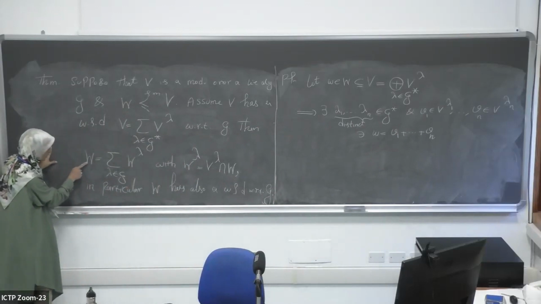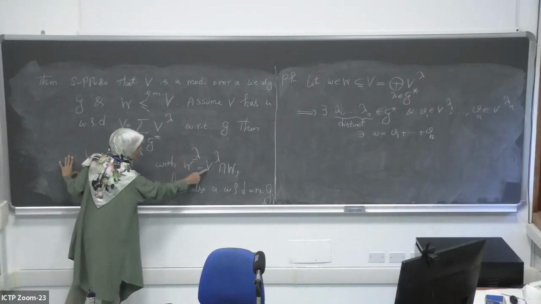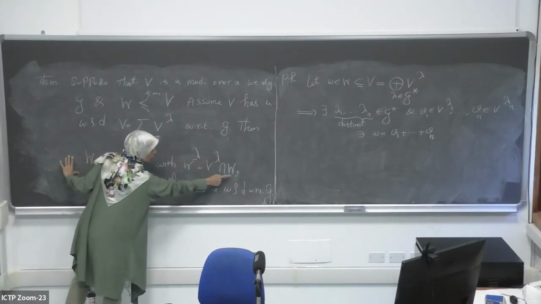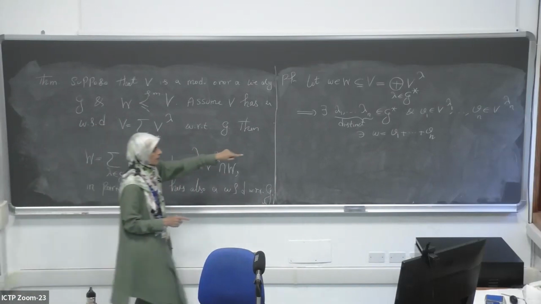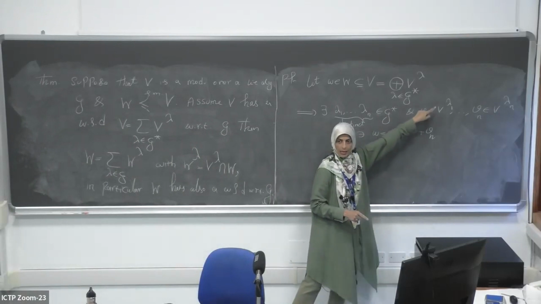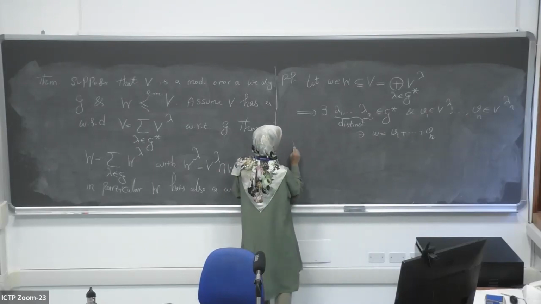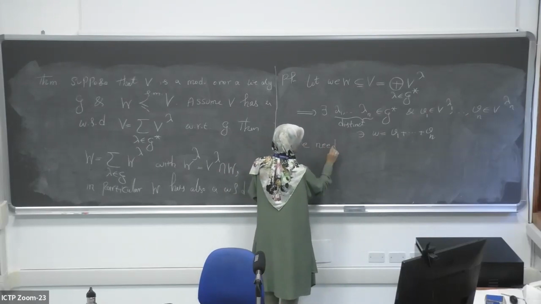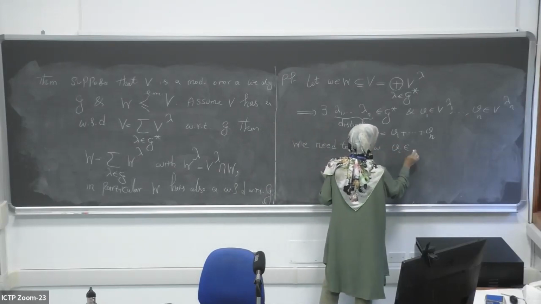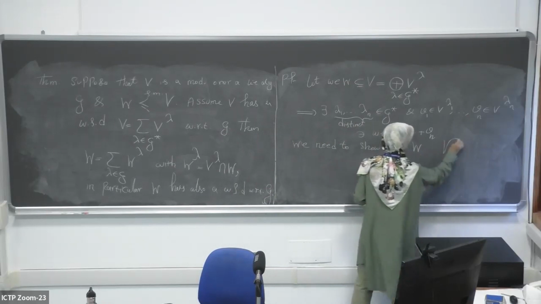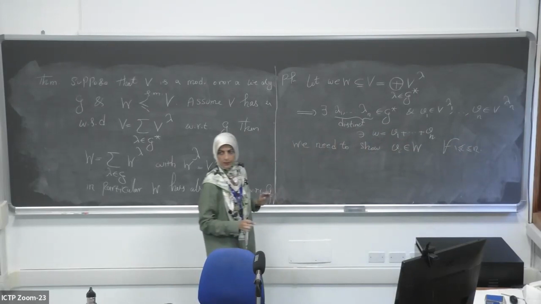We want to prove that W is the summation of W_lambda, when W_lambda is V_lambda intersection W. So we need to show that these v_i's that are elements of V_lambda_i are elements of W as well. Okay? We need to show v_i is an element of W for all i from 1 up to n.